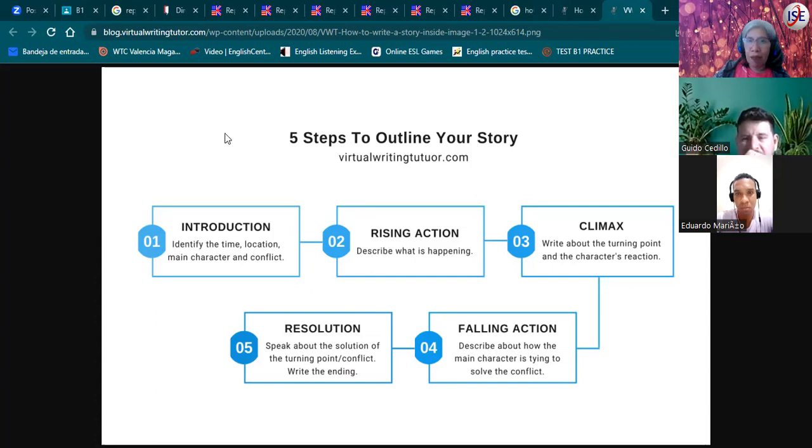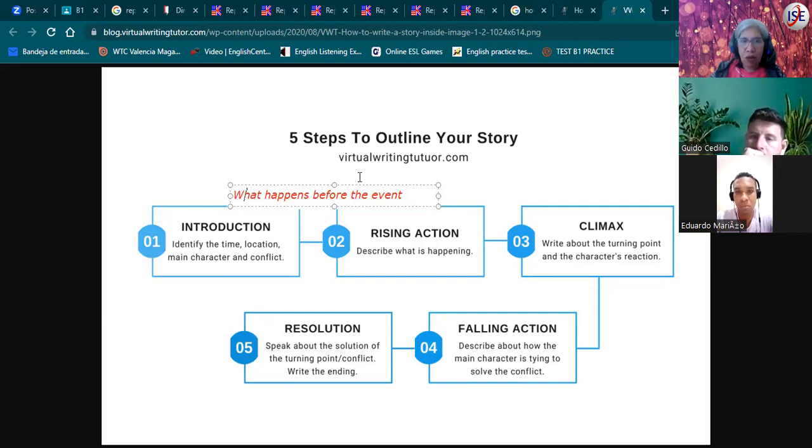Actually, there is a simpler way to describe this. So here we have what happens before the event. These two parts that say introduction and rising action describe what happens before the event.